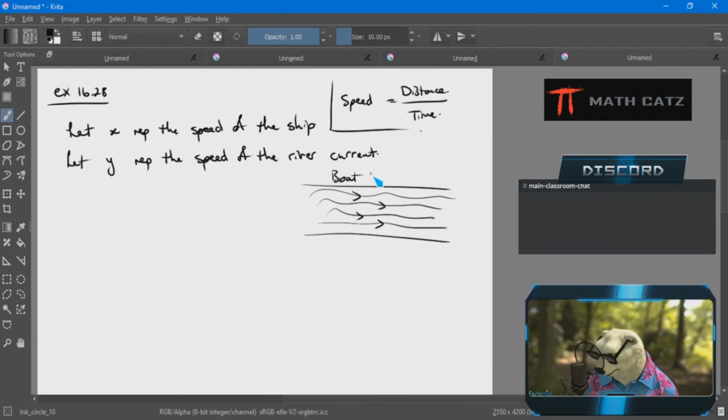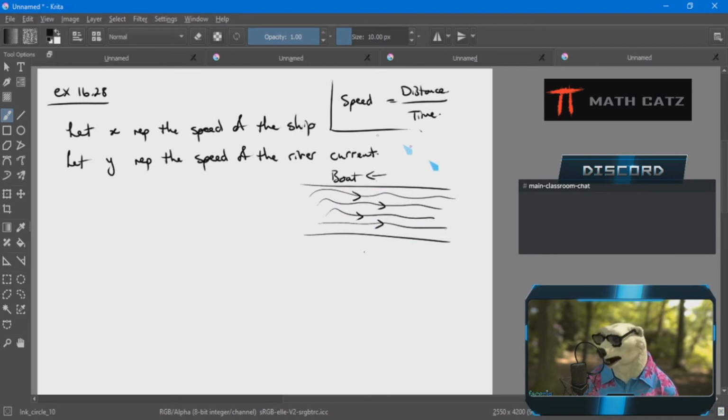But if it's traveling in the opposite direction, then the effective speed of the boat for a person standing on the river bank and measuring this is much slower, because for the x that it's moving forward, it's moving backwards at the same time.